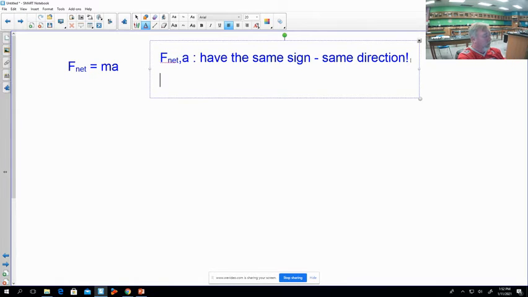I also want you to see that if the acceleration equals 0, then F net equals 0, and vice versa. If the net force is equal to 0, acceleration is equal to 0.